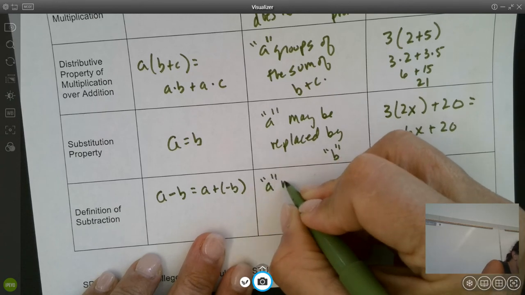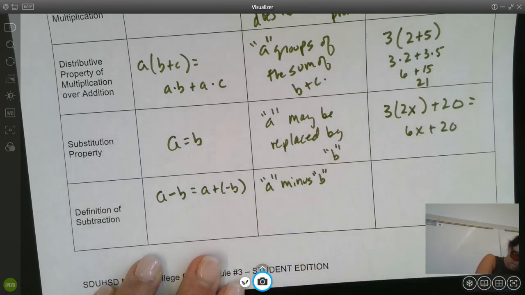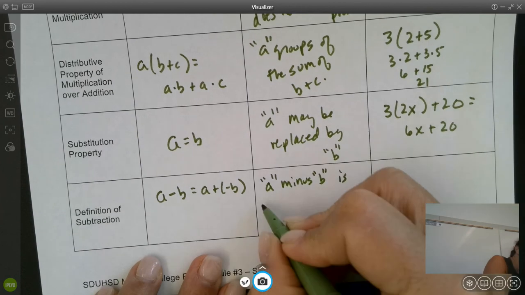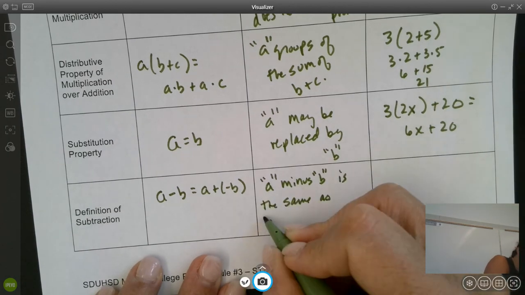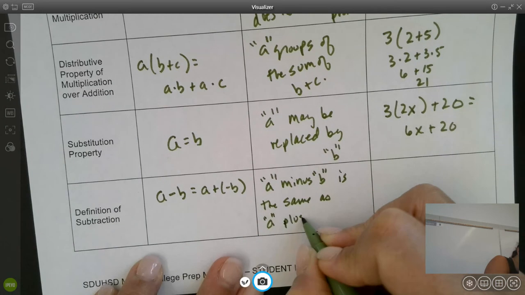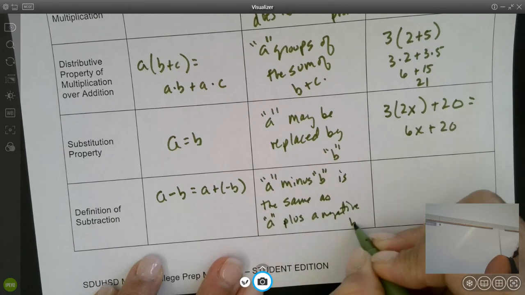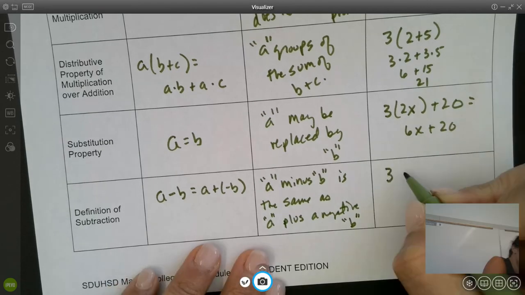A minus B is the same as A plus negative B. 3 minus 5 can be written as 3 plus negative 5. They are both equal to negative 2.